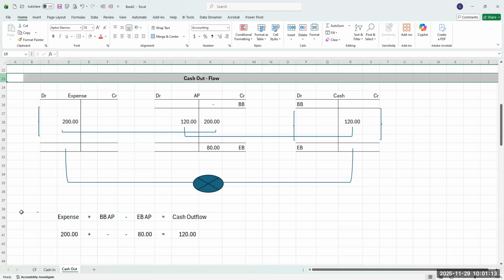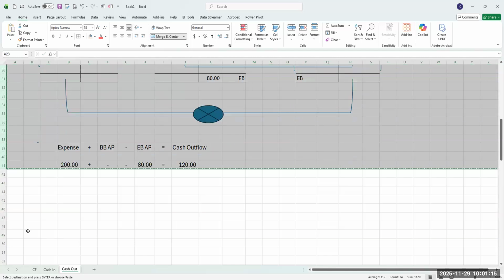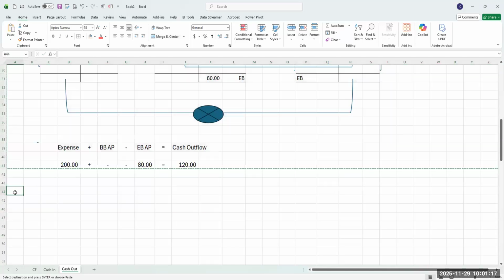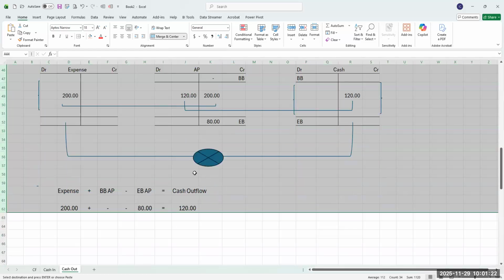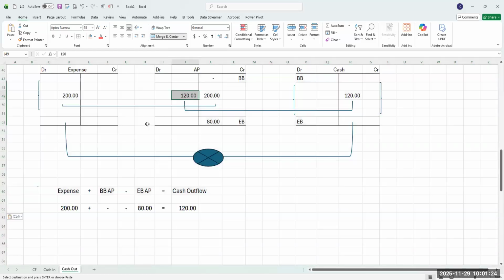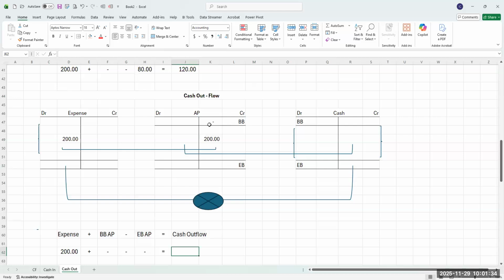So let's see another scenario. In the next scenario, let's mix it a little bit. My expense is still $200. Okay? My beginning balance now is $20.